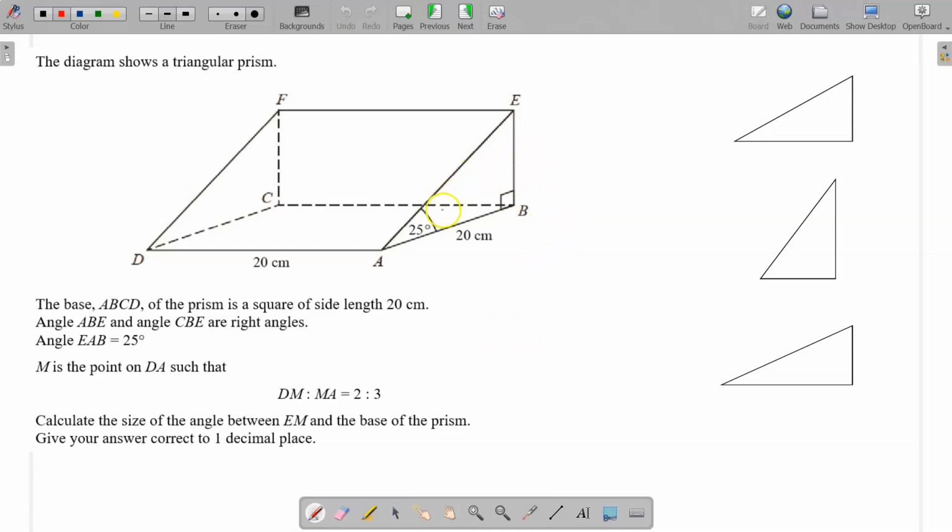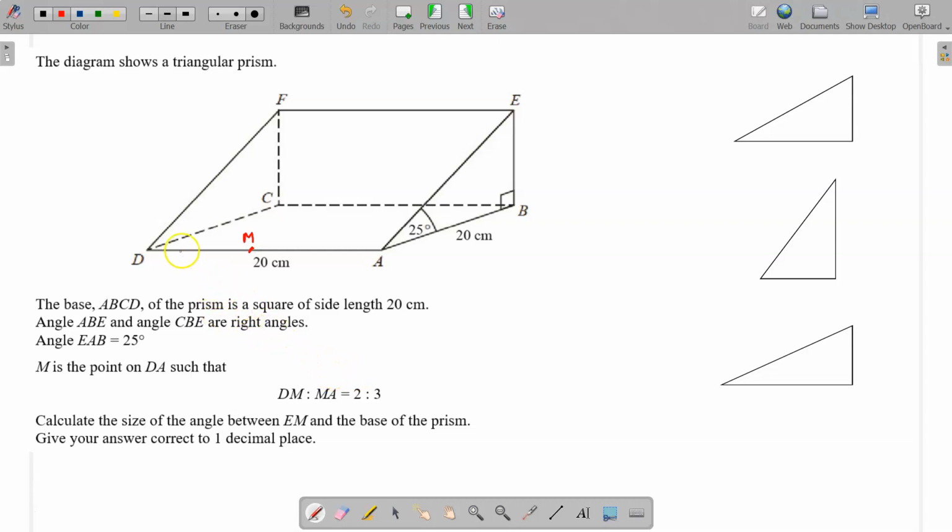So, for example, here we've got this point M. It's not in the middle of DA, but it's on DA such that that ratio is true. Okay, so we're dividing this line of 20 in the ratio 2:3. So I'm going to put M about there. Okay, so M is about there. Dividing that line DA in the ratio 2:3.